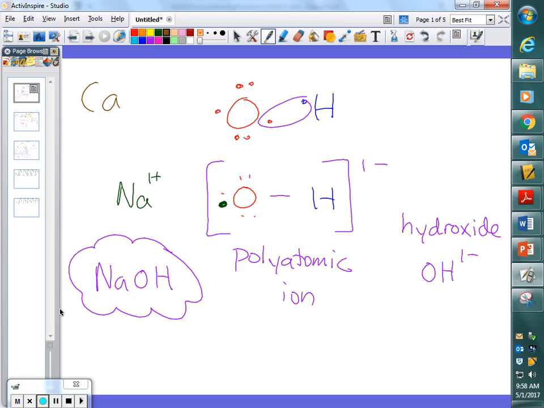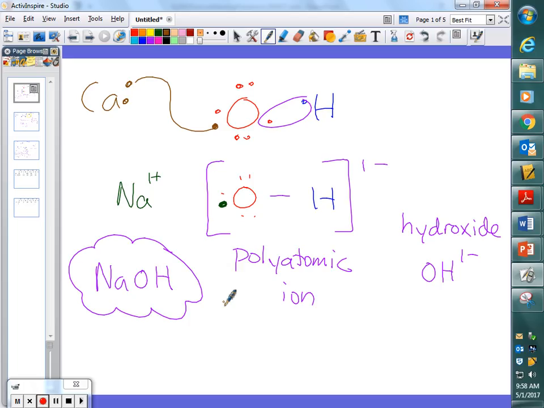Frank, how many valence electrons does calcium have? 2, right? So it's looking to get rid of 2 electrons. It could transfer one of them right there.